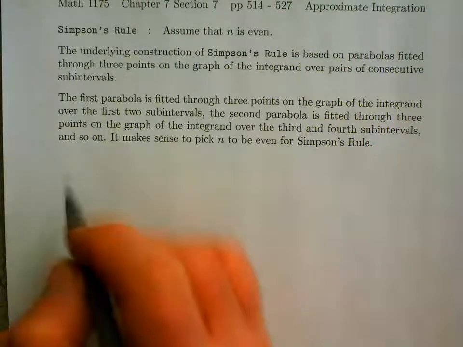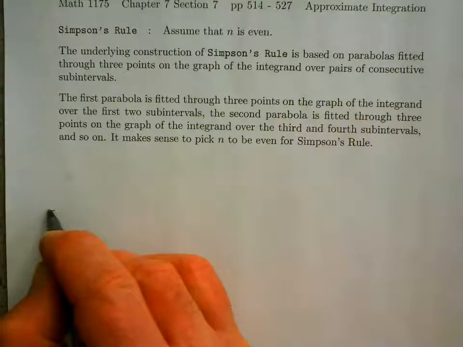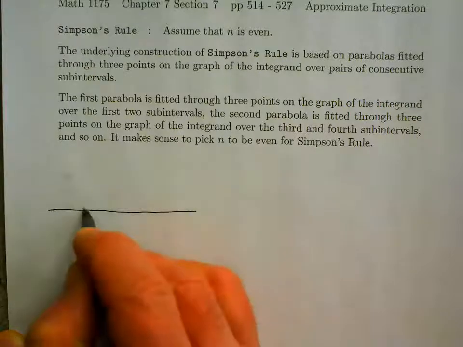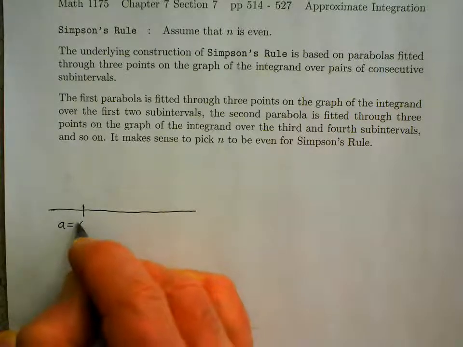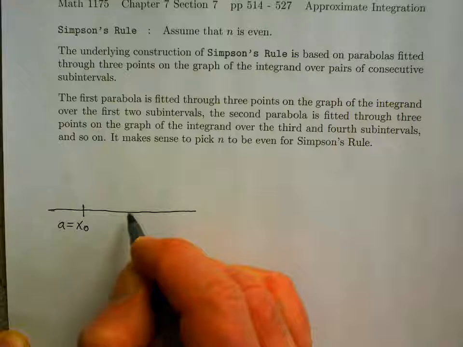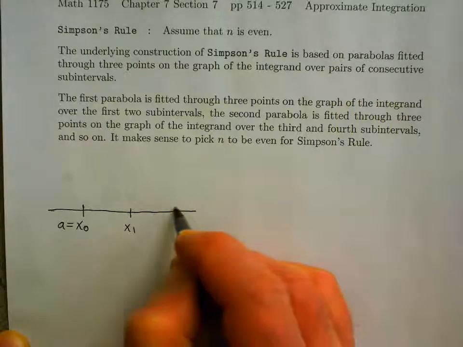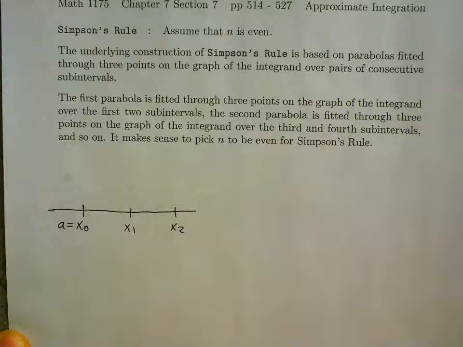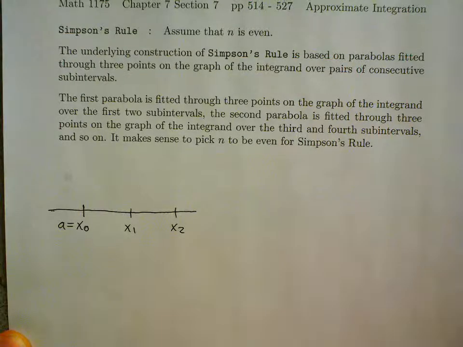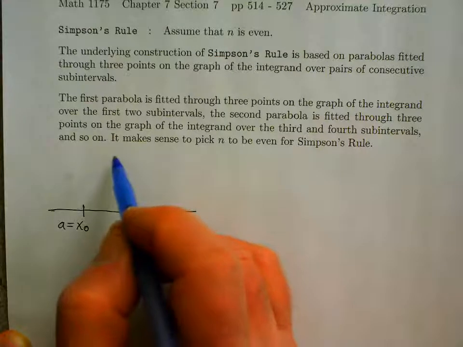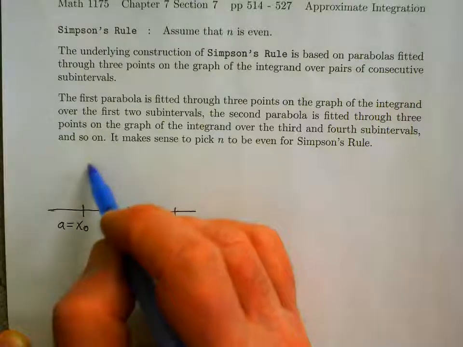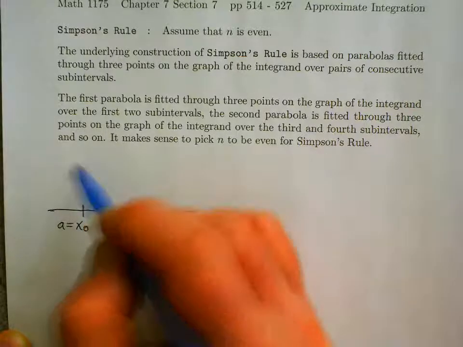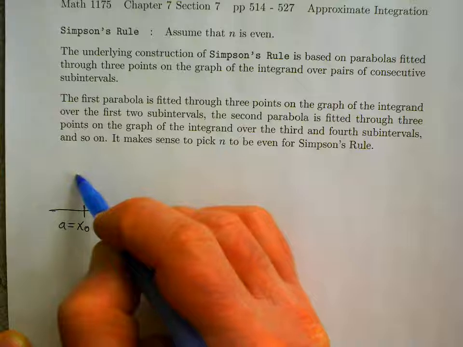Okay, so I'll just do a diagram on the first pair of subintervals. So from x sub 0 to x sub 1 and then to x sub 2. First, I'll try to draw, pretend like this is part of a parabola.